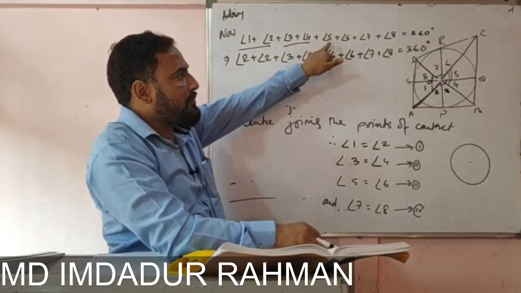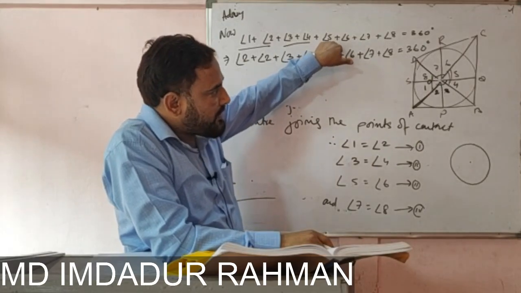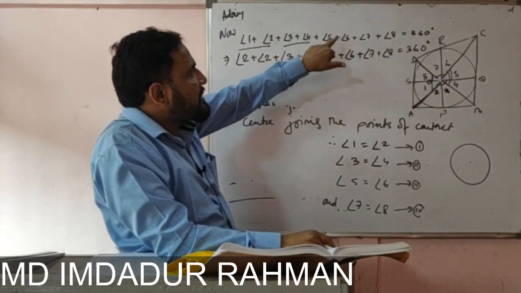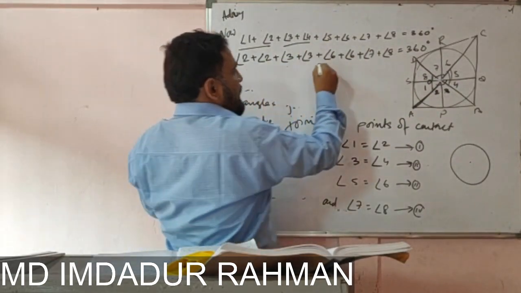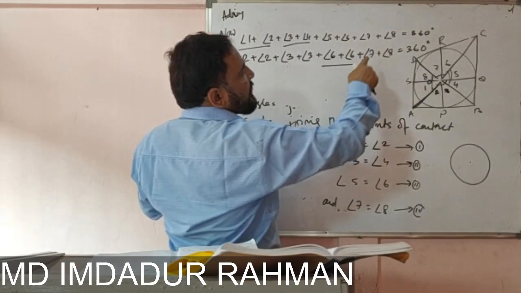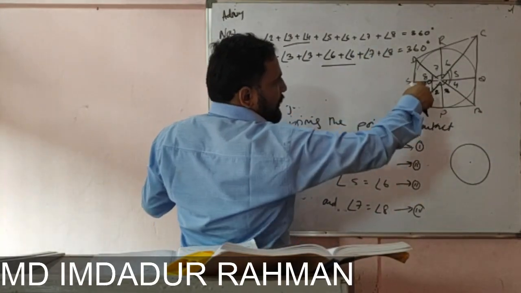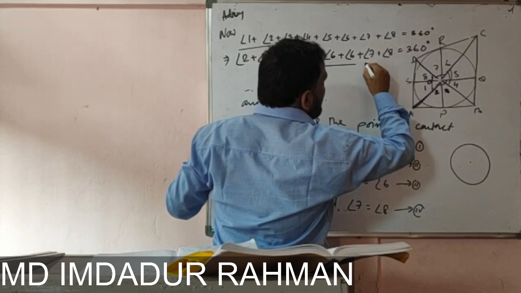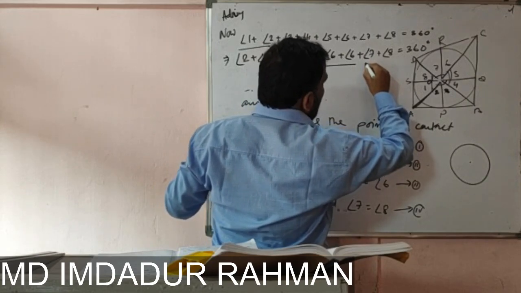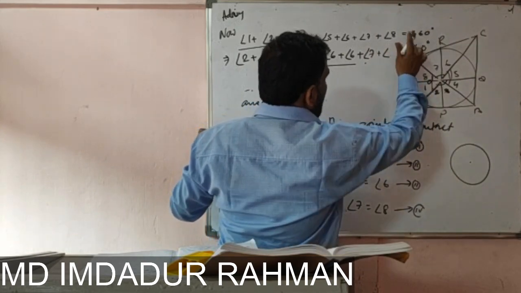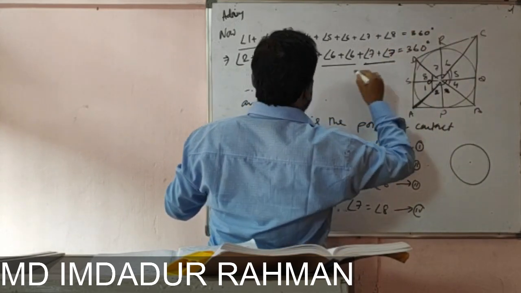Then 5, 6 we have no need of 5, so 5 is replaced by 6 because 5 is equal to 6 here. Again 7, 8 we have no need of 8, so this 8 should be replaced by 7.